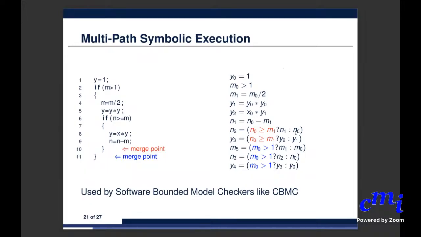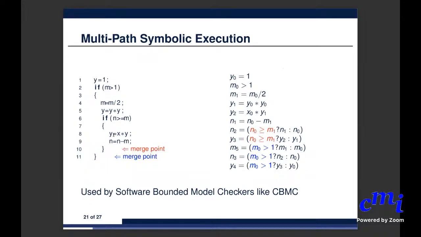Otherwise, it will be the original value. This is what I call merge points. There is a merge point merging two ways of getting to this point from this if-then-else, either directly from 6 to 10 or after executing 8 and 9. And this conditional expression here defines the value of each variable that is modified in this if-then-else at this merge point, by introducing a new variable.